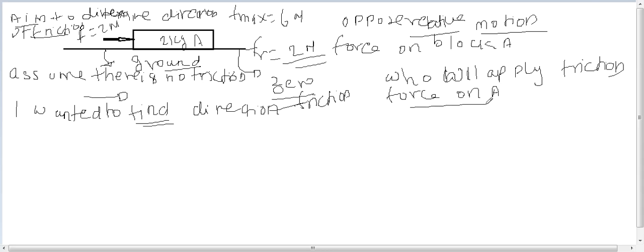The answer is ground. Who will apply friction force on A? Ground. Okay, guys. Now, who will apply friction force on ground?